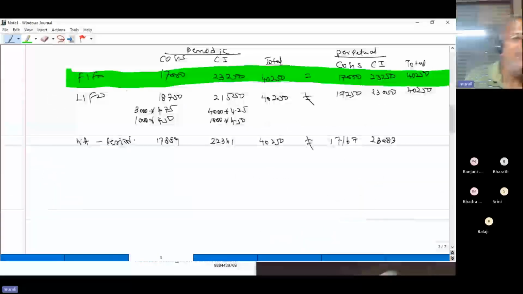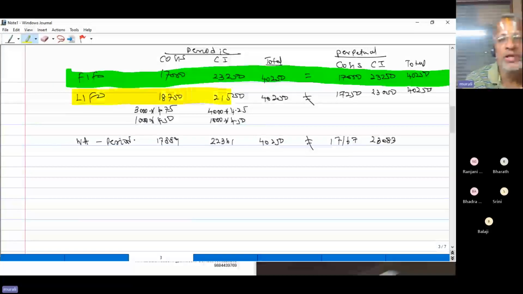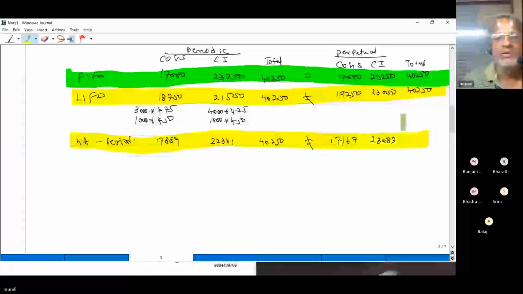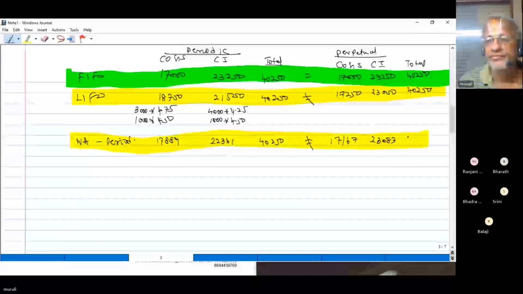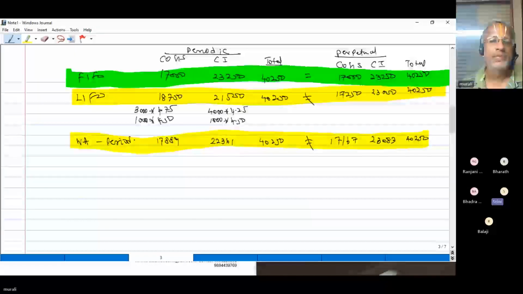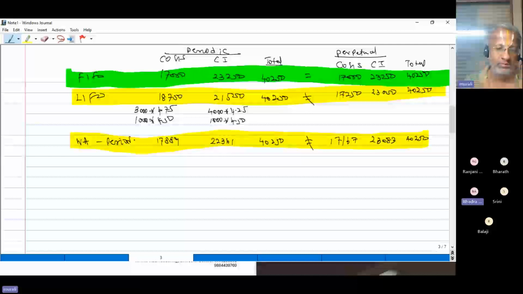So now I'm having a different sort of impression for LIFO, weighted average. Are you understanding? Yes, interesting. Right. Are you clear? Ranjani, Balaji, Anup, Bharat, please let me know.